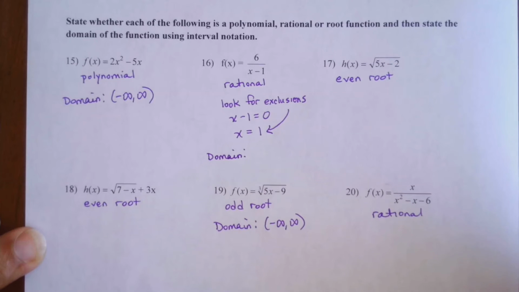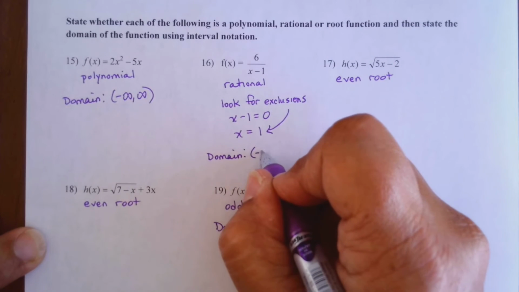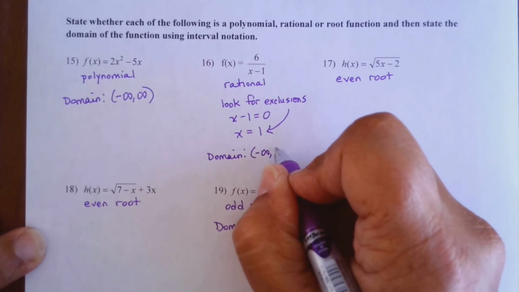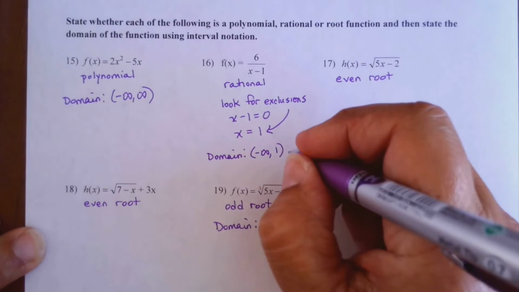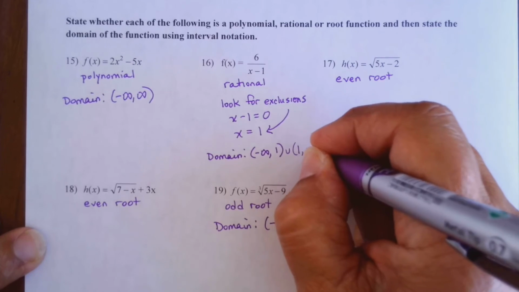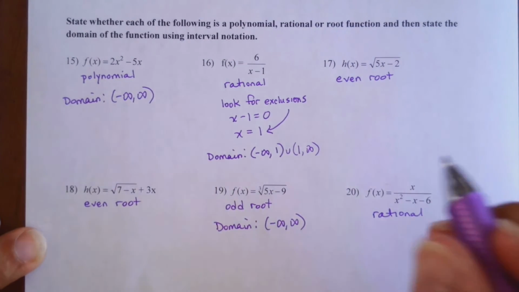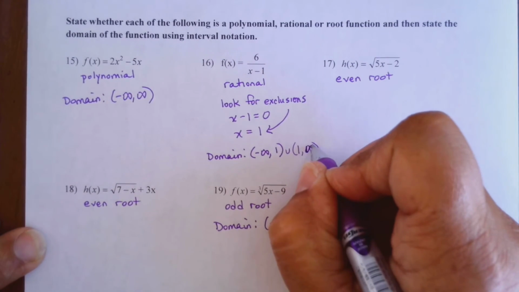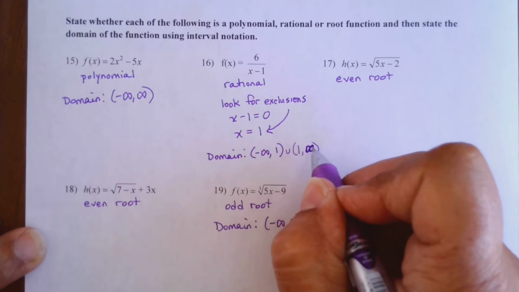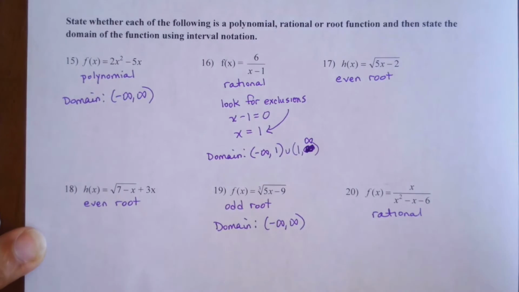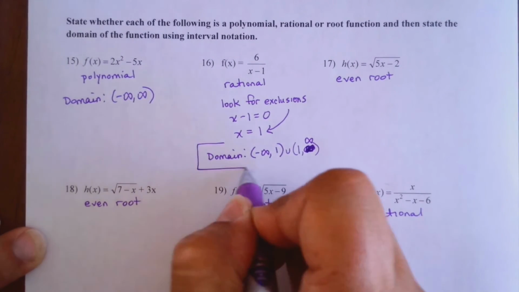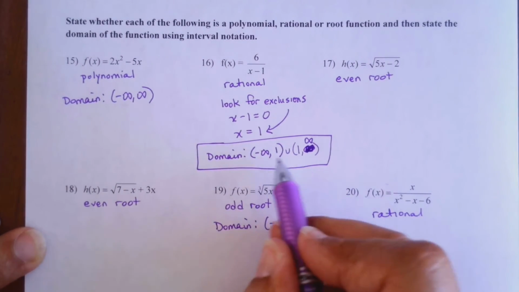Well, how do you write that? All real numbers except for 1 would start at -infinity and stop at 1, because I have to take 1 out, and then I would start again right after 1 and go to positive infinity. It's an infinity sign right there. There we go. So there's your domain: all real numbers except for 1.